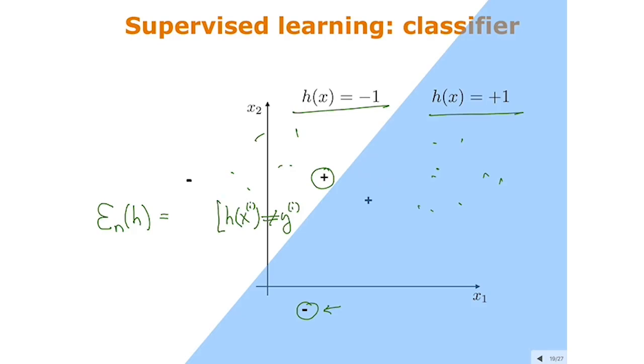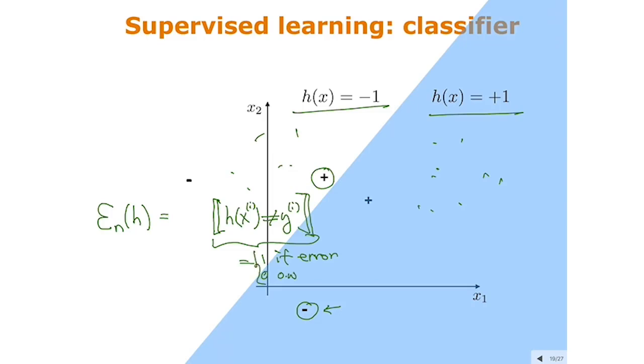Now I use here double brackets, which denote a function that takes a truth value inside and returns 1 or 0 accordingly. Okay, so when I compare what the classifier produces with the correct label, if they are distinct, what comes out of here is 1 if there is an error, if the classifier makes an error on the ith training example, and 0 otherwise.